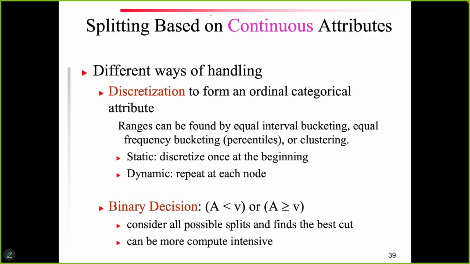As a data transformation, if you recall, we could convert the continuous attribute into some categories, right? For example, you have several income values.